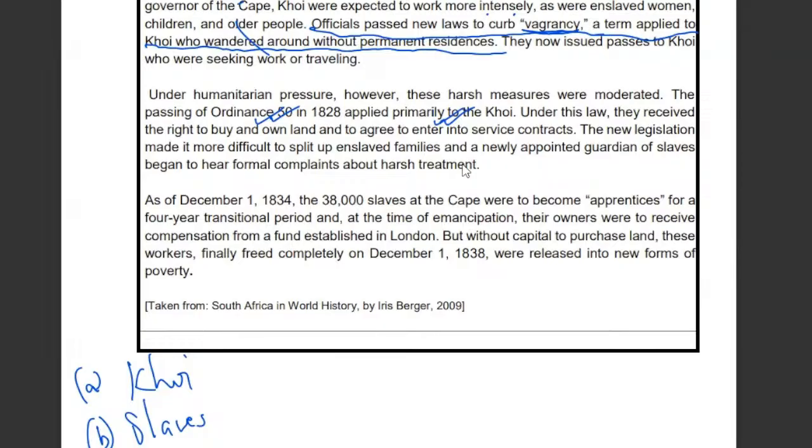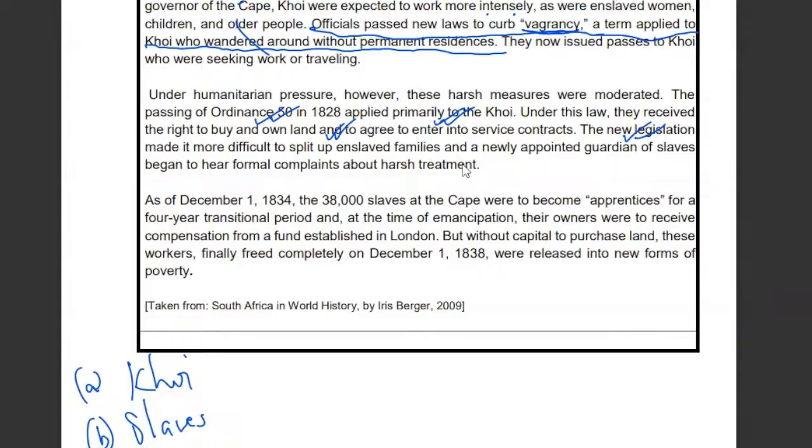Then on the slaves, the new legislation made it more difficult to split up enslaved families. It's a benefit. And another benefit, a newly appointed guardian of slaves began to hear formal complaints. It meant that the employers could no longer harshly treat the slaves, because now there was a guardian who was supposed to attend to the concerns of the enslaved people. So those were the benefits that were brought by Ordinance 50.